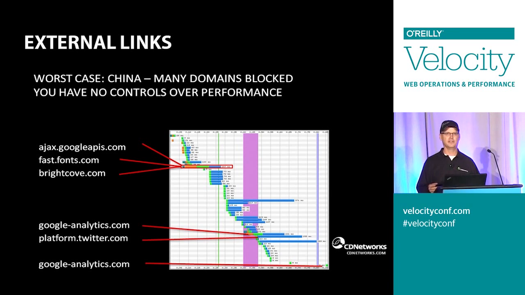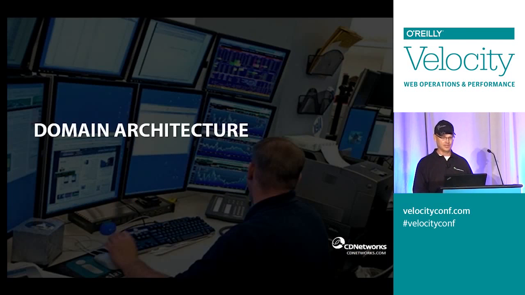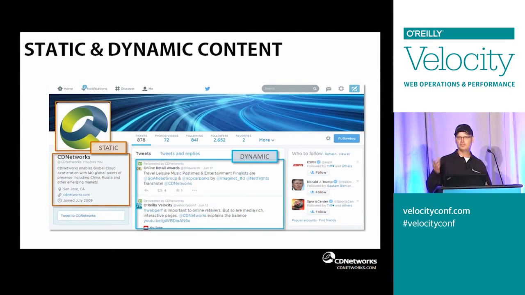In the worst case scenario, like in China and some other countries, some of these sites or domains are going to be blocked. And in kind of a best case, you need to make sure that the target for your global audience matches. So your third parties match what your site is trying to achieve in terms of performance, and make sure that there's not a disconnect there. Otherwise, you'll get blocking.